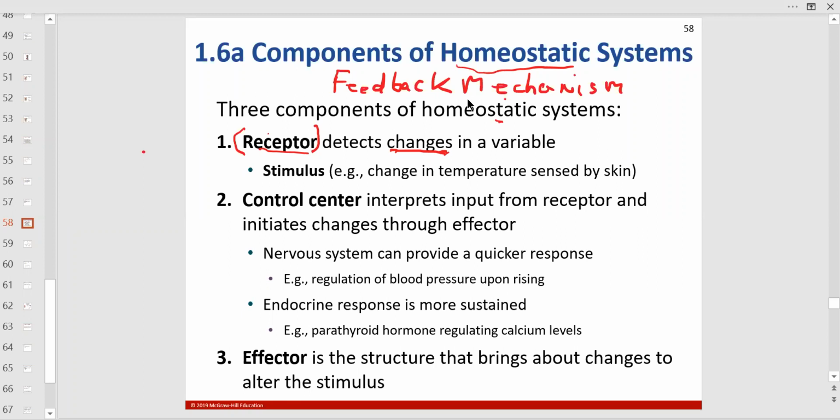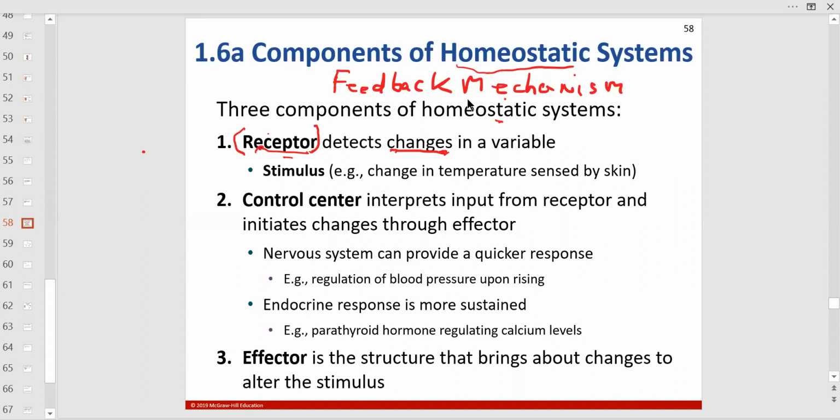There are exceptions, I shouldn't say always, because your pancreas has cells that act as receptors. The pancreas doesn't need the brain to change your glucose levels, is what I'm saying. But you'll learn that when we get there. But receptors are normally nervous tissue, and nervous tissue makes up most of our sensory receptors, which you'll see.